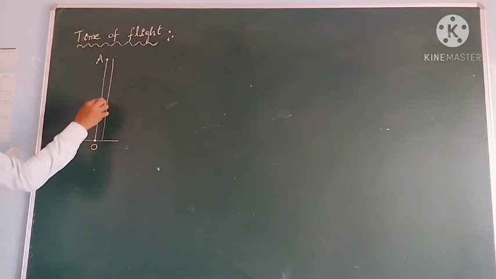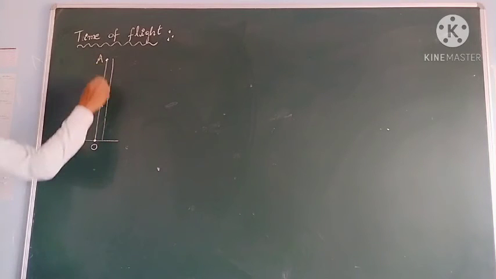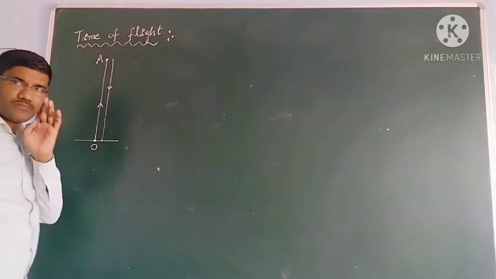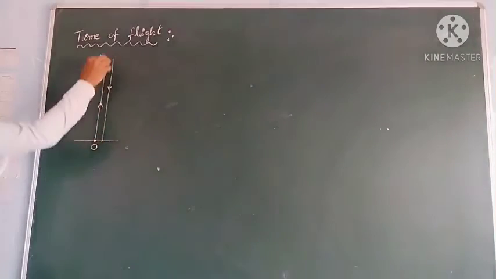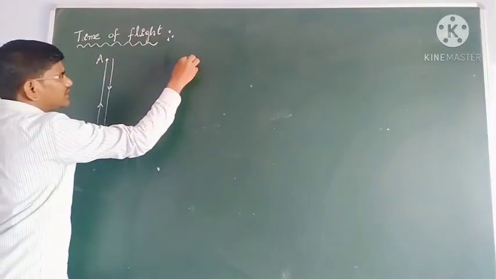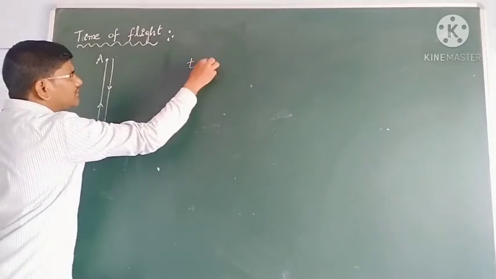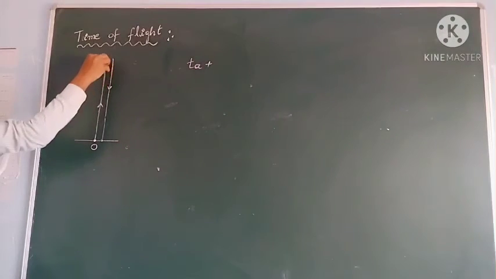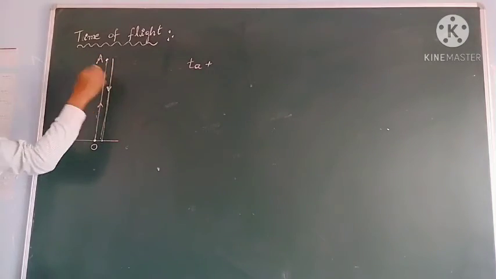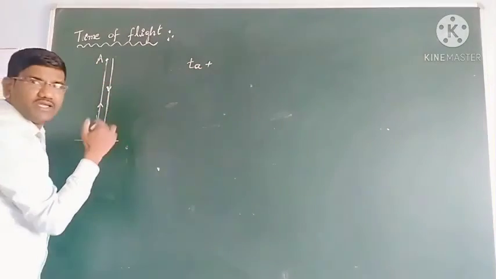So it reached this point, and again it does not remain there, it reaches the same point of projection. So this is called upward journey. So the time taken for upward journey is called, so what is that? Time of ascent. And in the same direction it will fall, but for our convenience we are drawing the line nearby it.